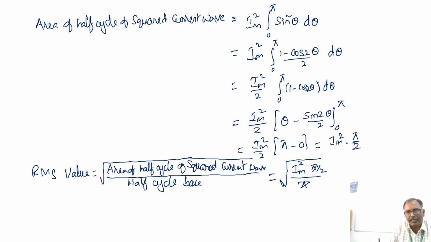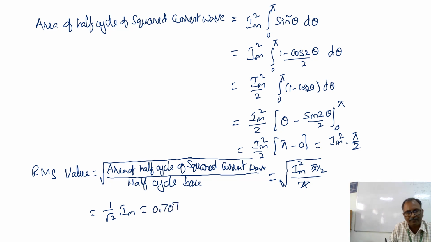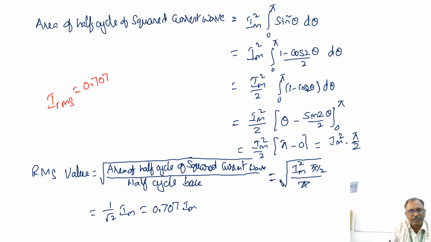So pi gets cancelled. We are going to get 1 by root 2 into Im. 1 by root 2 is 0.707 into Im. Therefore, the RMS value I RMS equals 0.707 times Im.